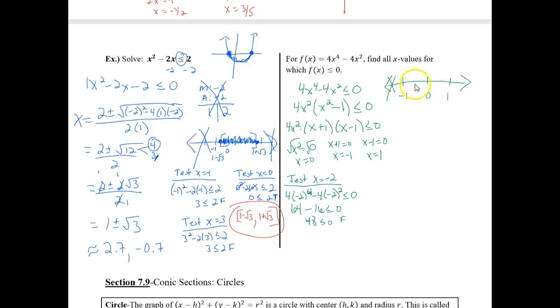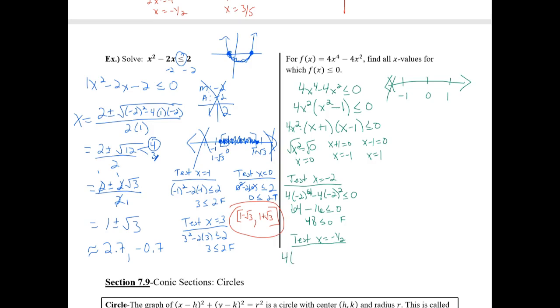Now something between negative 1 and 0. Well, it's unfortunate, but we have to do a fraction here. There are no other whole numbers between negative 1 and 0. So I'm going to test x equals negative 1/2. That sounds like the easiest fraction I could think of.